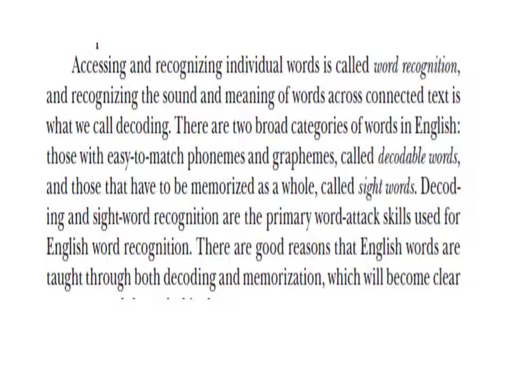Other words, which have a difference between letters and sounds, are known as sight words, and they are supposed to be memorized because they are not decodable. They are not easy to be decoded or understood. That's why they are supposed to be memorized.